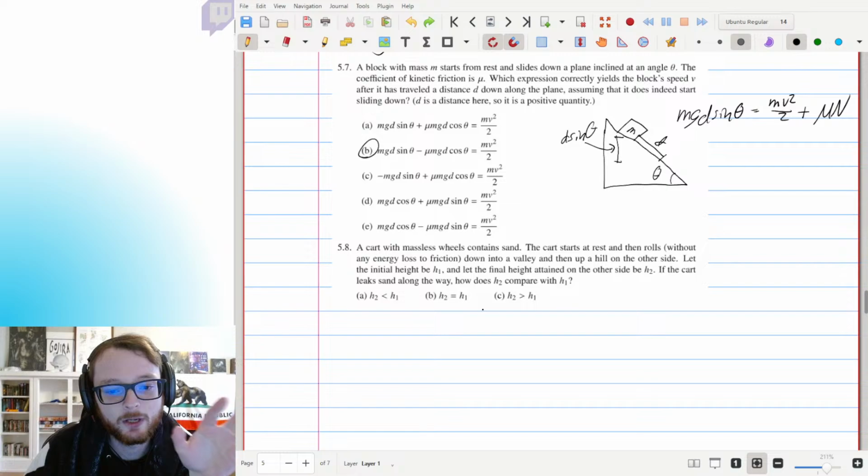I think we only need to worry about m1. Our initial potential energy is m1 g h1. And we know at the very end it's going to be equal to m2 g h2.